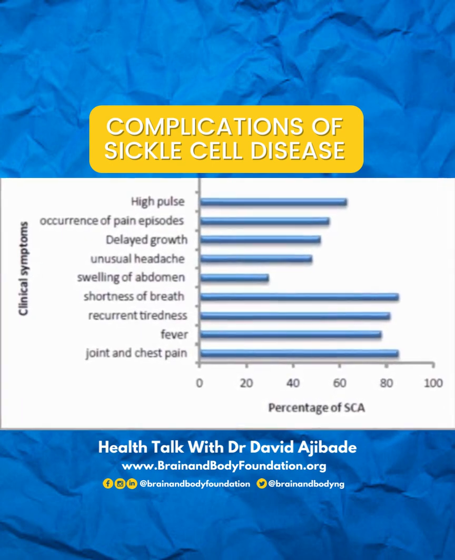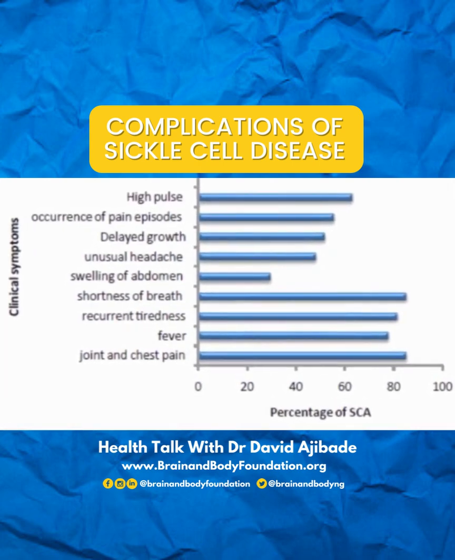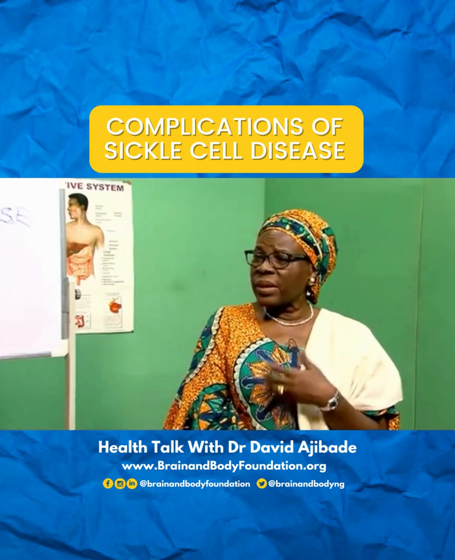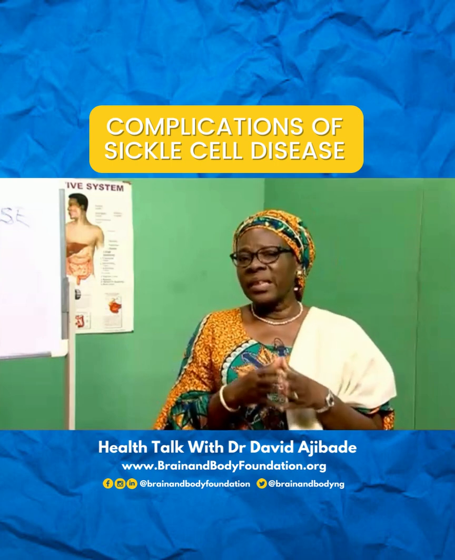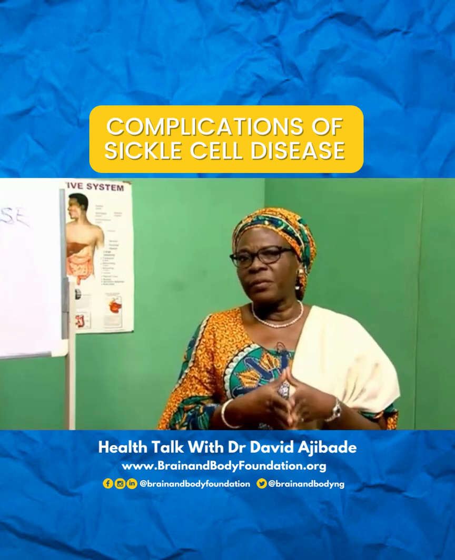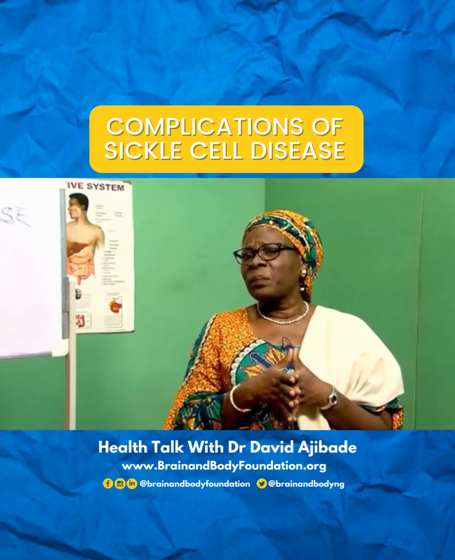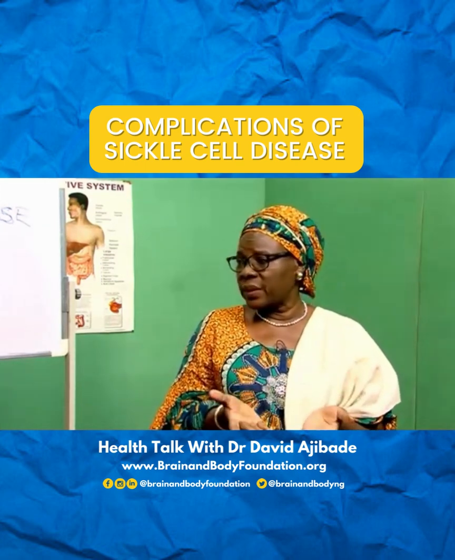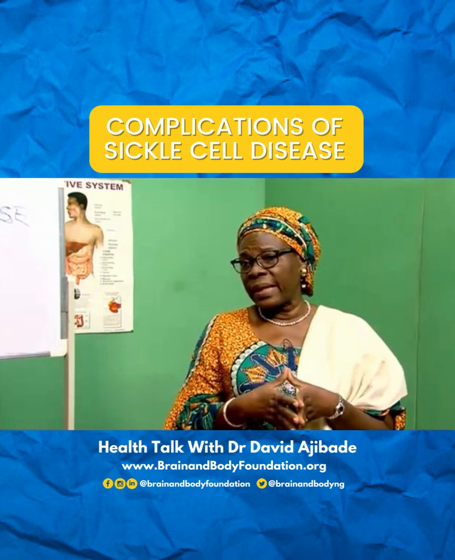Some are even wheelchair bound. They cannot walk. Some cannot attend regular schools, and those that attend regular schools may not be able to catch up with their peers and compete favorably with them. Some may even have convulsions, seizure disorders, because of the strokes that they have had. So all of these things tend to affect the quality of life of a child that has had a stroke, in addition to sickle cell disease.